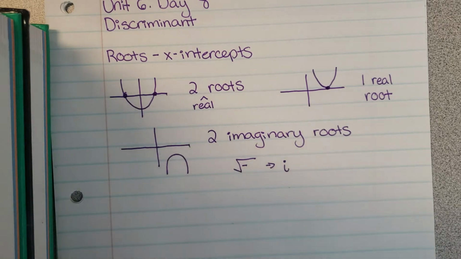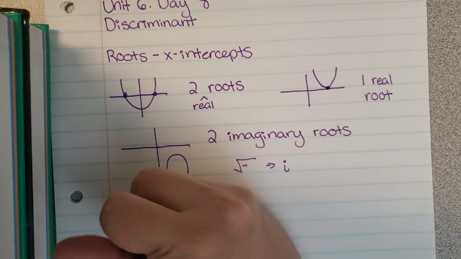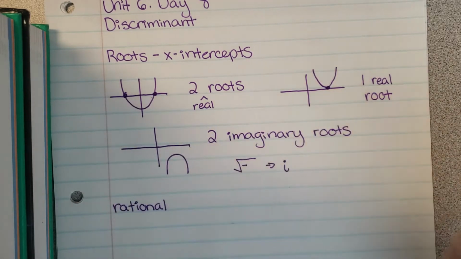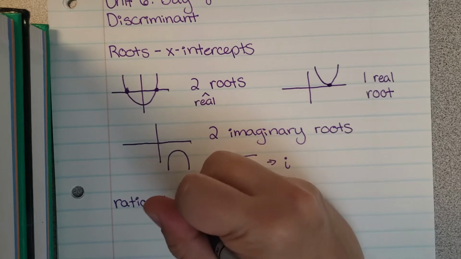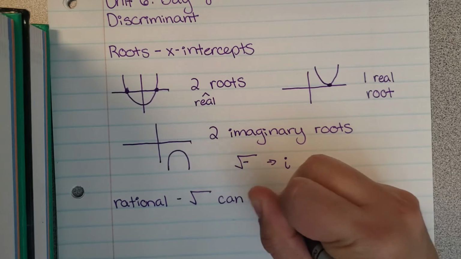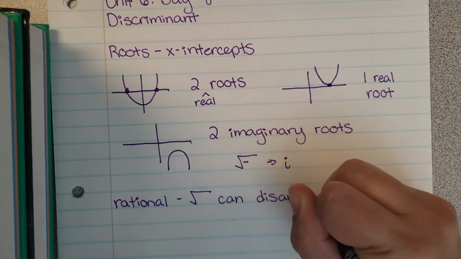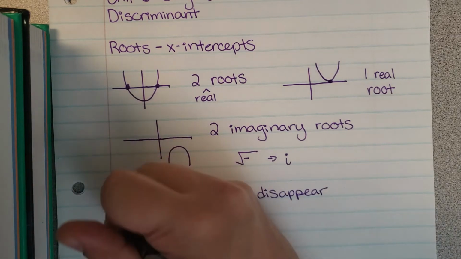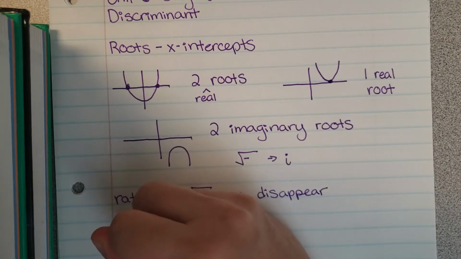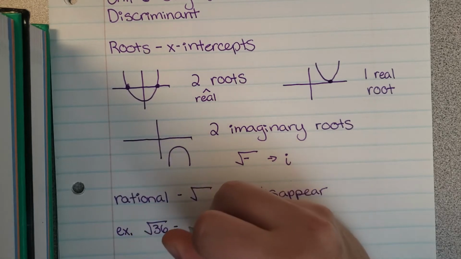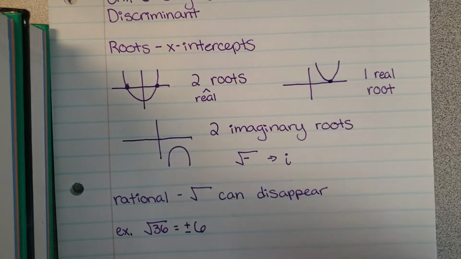But before we do that, we need to define a quick term, and that is rational. If something is rational, it means that the radical can disappear. So for example, the square root of 36 is rational because we can rewrite this as plus or minus 6. So the radical has disappeared.